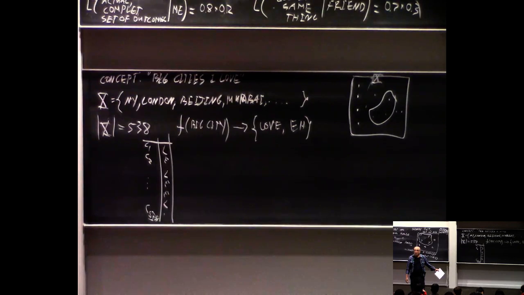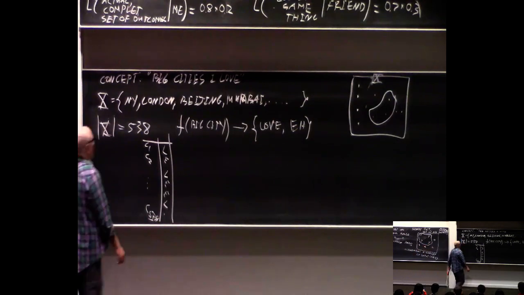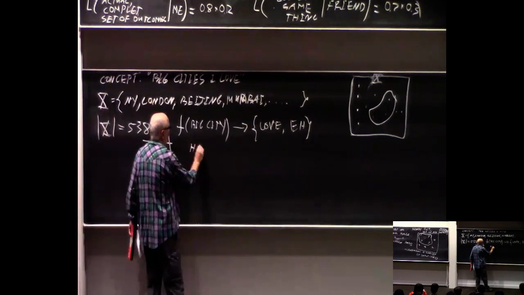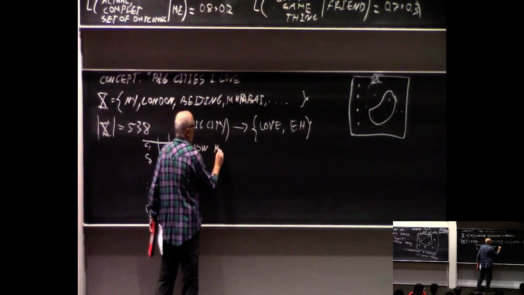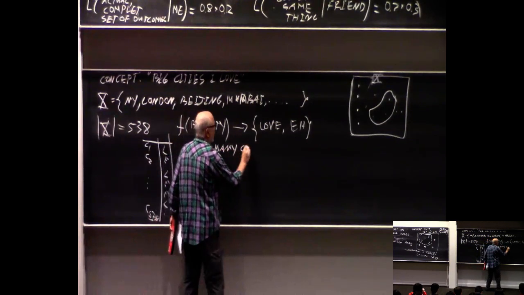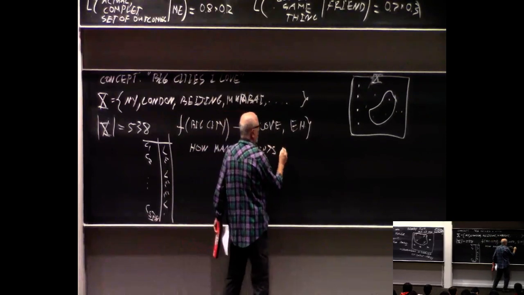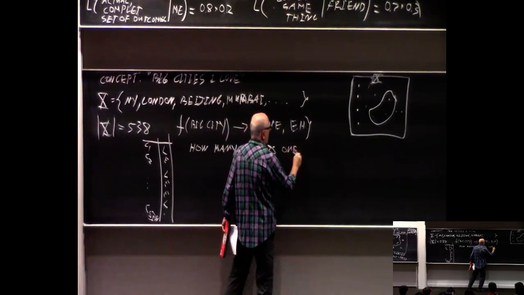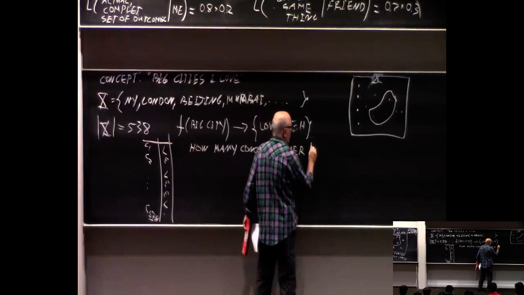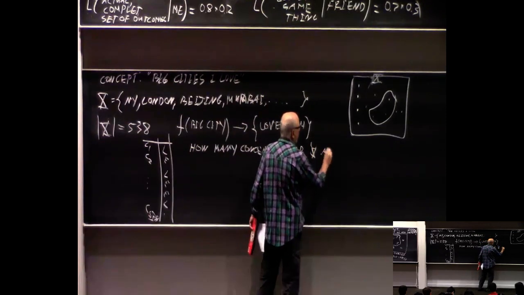Now, let's move on to learning this concept from examples. For this, I need to know how big is the concept space, namely, how many concepts over X are there?